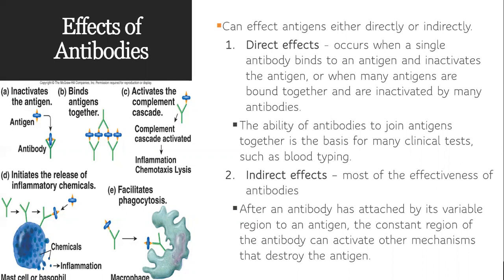An example of this is blood typing. Indirect effects account for most of the effectiveness of the antibody. After an antibody has attached by its variable region to an antigen, the constant region of the antibody can activate other mechanisms that destroy the antigen.